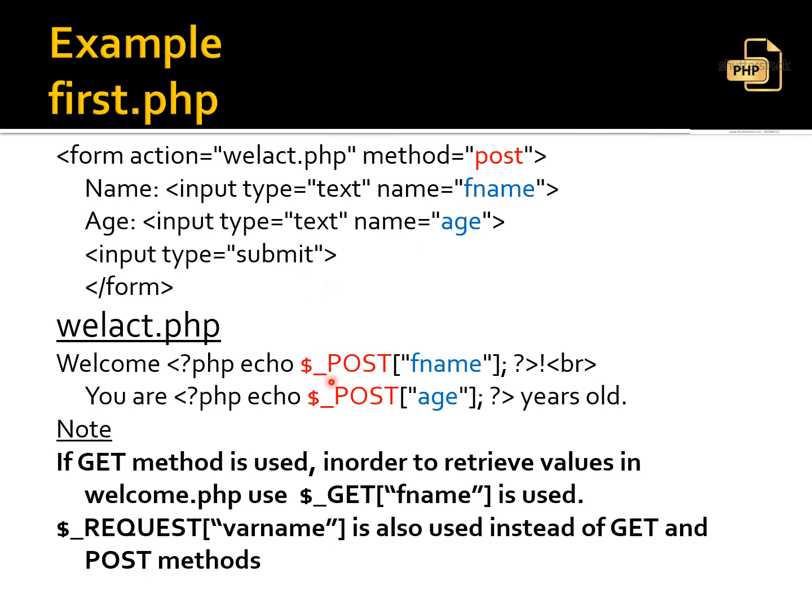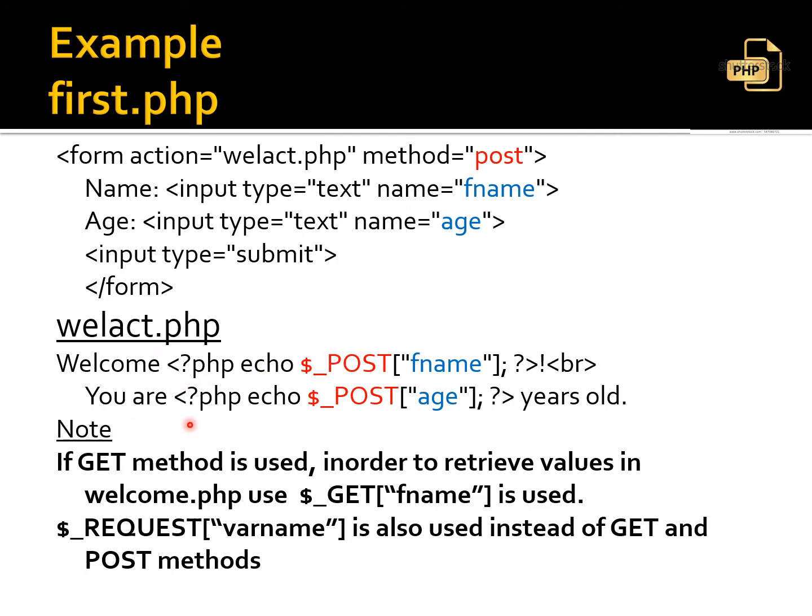So in this wellag.php, we extract the data in fname using the variable $_POST of fname. So whatever data the user inputs will be extracted here. If the user enters ABC, it will produce a message like Welcome ABC.